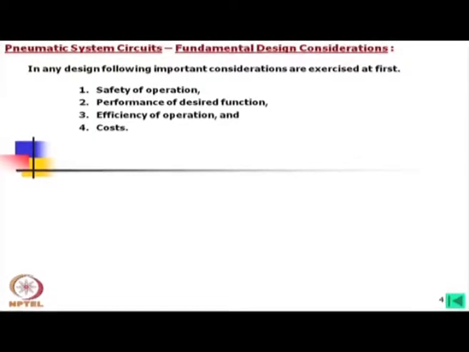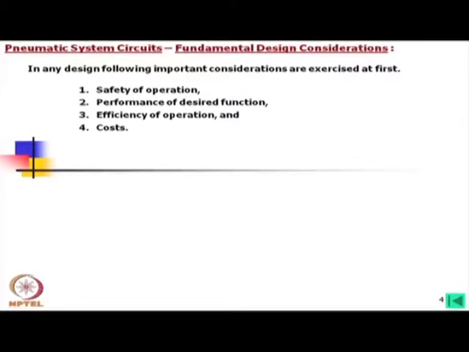Suppose one of them may not be that essential, for example cost. Of course we will not make it of exorbitant cost, but the cost factor may not be that important. However, in every case safety is first. So, we have to think of all sorts of safety protections.